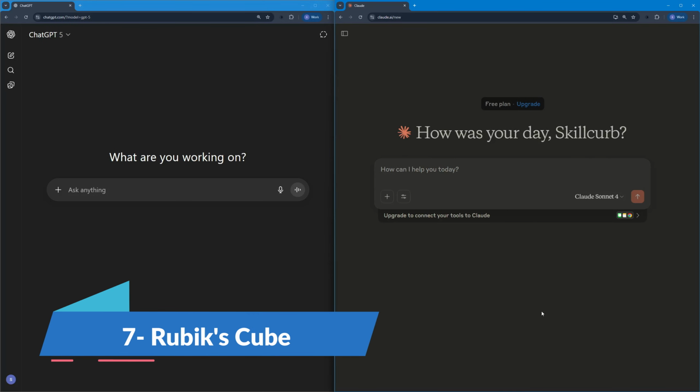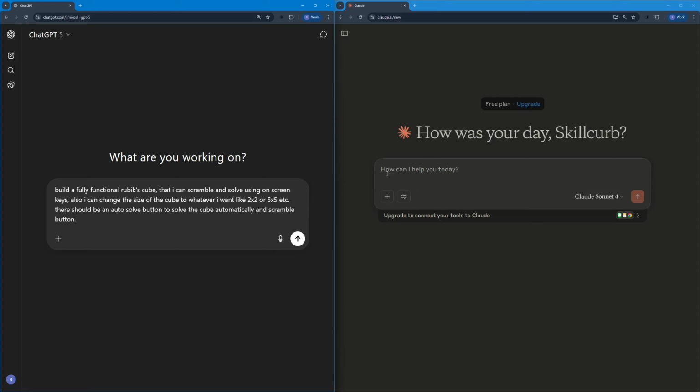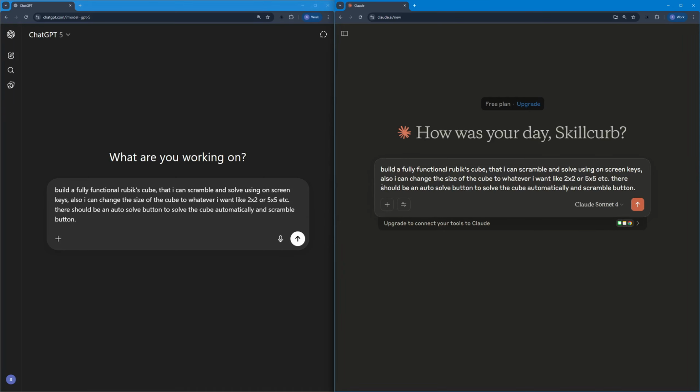And now we're finally at our final test where we're going to be building a Rubik's Cube, a functional Rubik's Cube. And I have the prompt for that one. I have covered this in my previous video as well. So let's go ahead and paste this prompt in both of these models, GPT-5 and also Sonnet 4. The prompt goes like, build a fully functional Rubik's Cube that I can scramble and solve using on-screen keys.